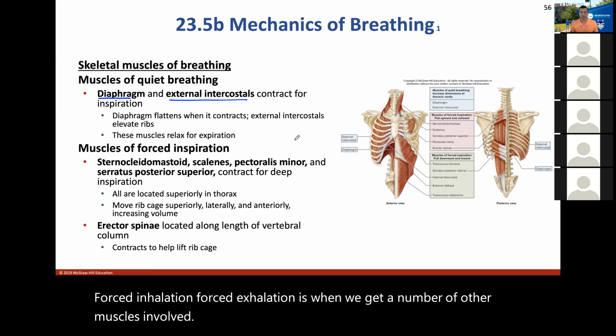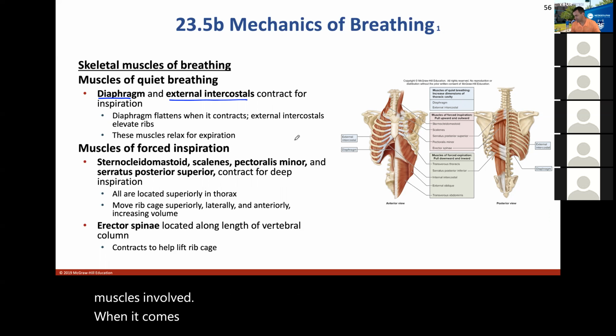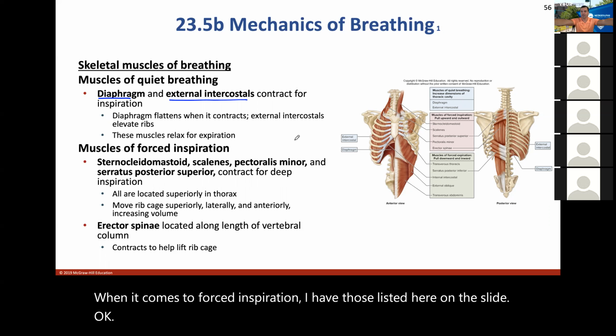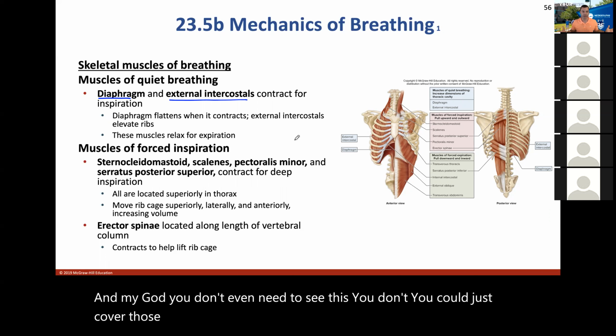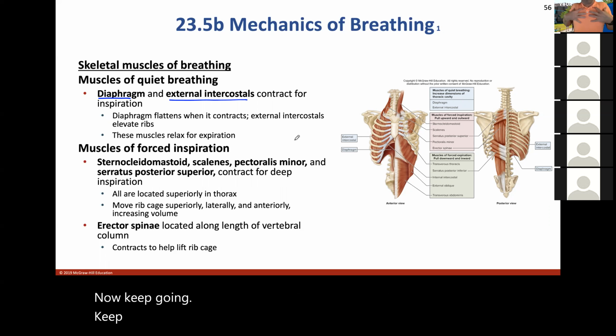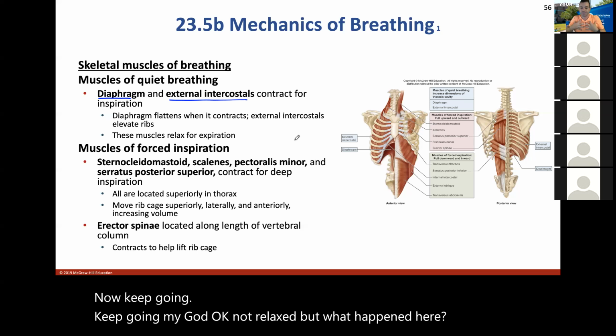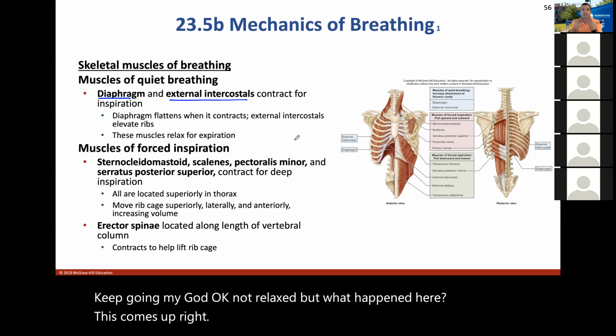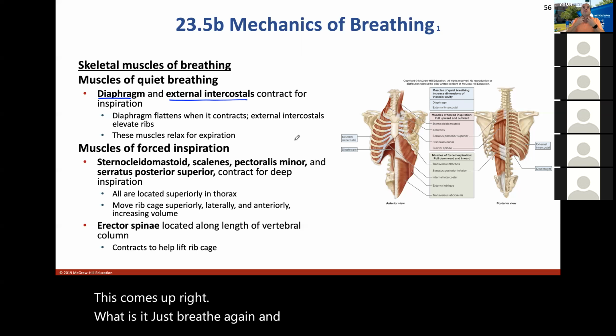When it comes to forced inspiration, I have those listed here on the slide. You don't even need to see this. You can just cover those up. Just breathe. Everyone take a breath in. Now keep going. Keep going. Okay. Not relax. But what happened here? All this comes up, right? Just breathe again and just feel.